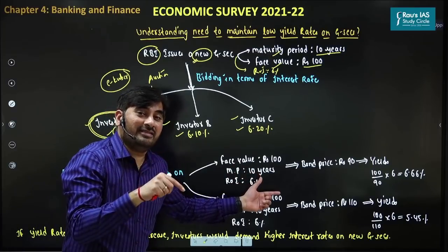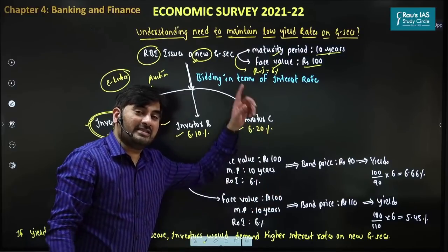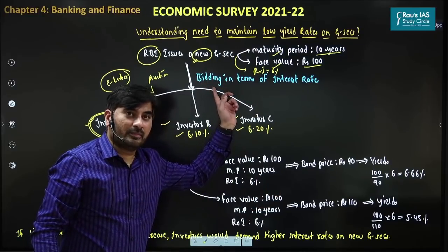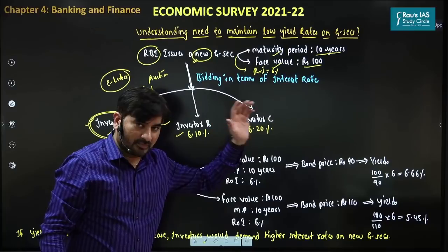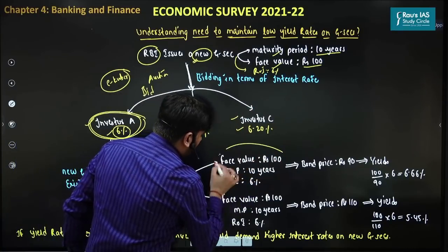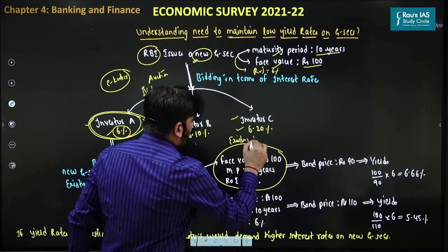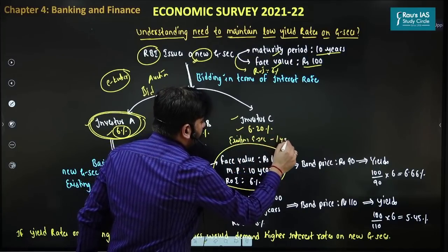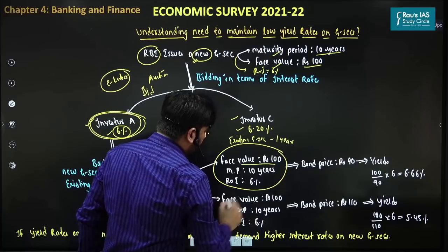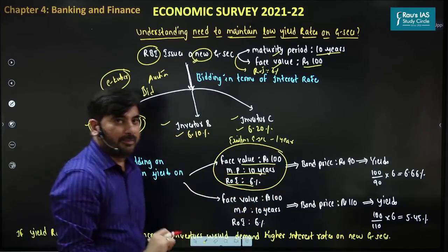How much returns is he generating on the existing government security? Based upon that, he will place his bids for the new government security. For example, let's say there is an existing government security, issued 1 year back. It has a face value of 100, maturity period of 10 years, and rate of interest is 6%.